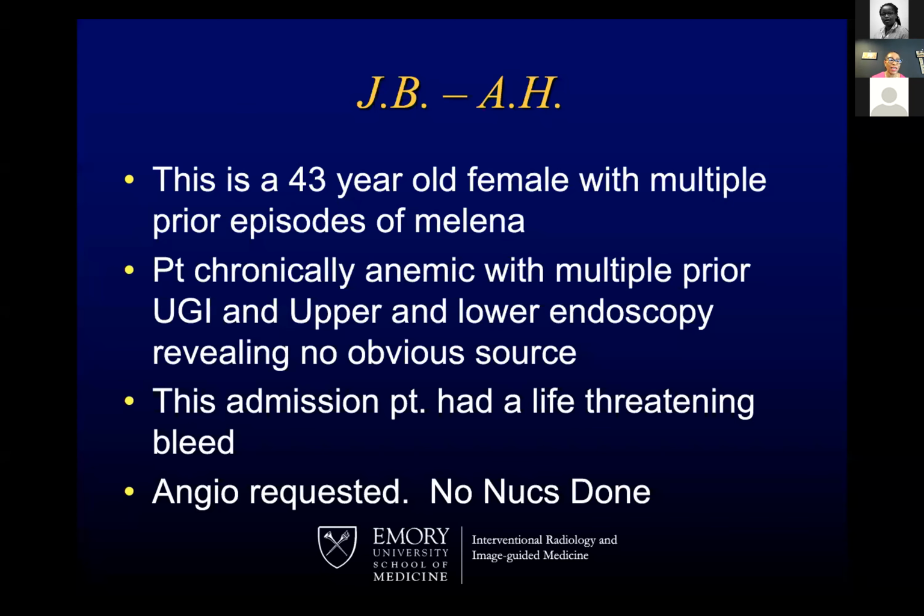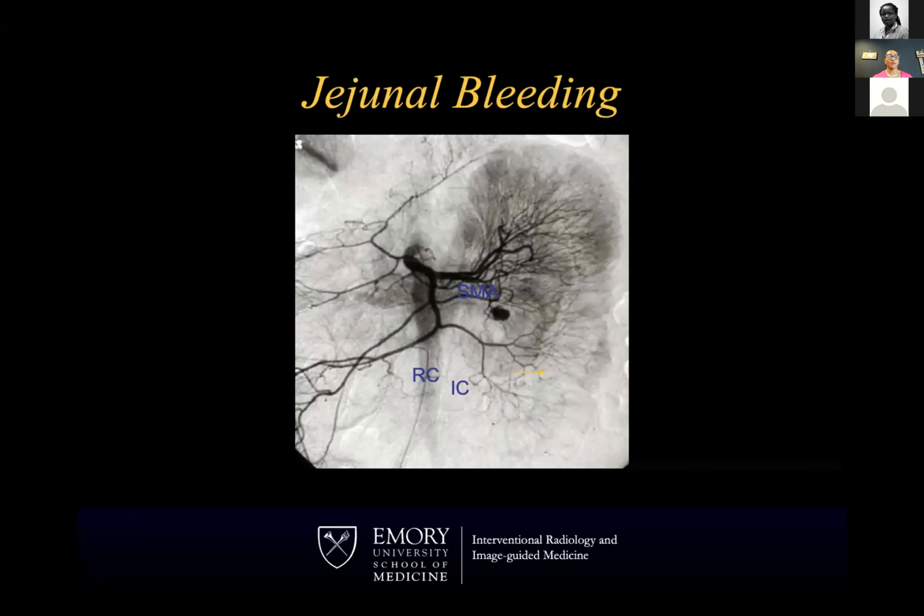So this patient, though, on admission had a life-threatening bleed, right? They requested an angio. They were like, okay, we're not going to need to get a nuclear medicine scan because this patient has been bleeding and bleeding a lot. All right, so when we look at this angiogram, and you can't tell here, but this is also coming from the groin, this catheter is in the superior mesenteric artery. This is clear as day, and I won't even get you to say what you think this is.